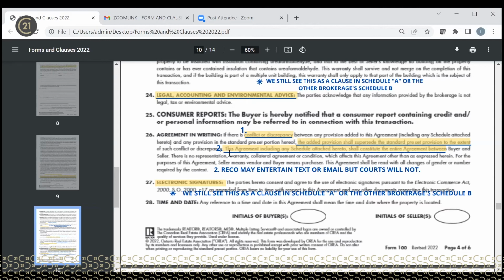The next one is agreement in writing. If there's any conflict or discrepancy between anything that is in the agreement of purchase and sale pre-printed clauses, anything that comes in as Schedule A, B, or whatever overrides anything that is pre-printed in this form.